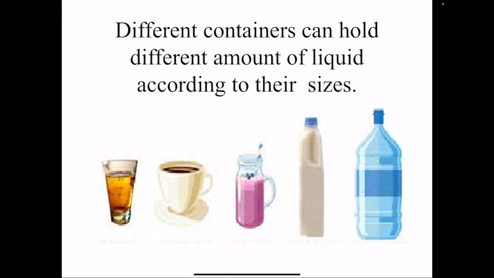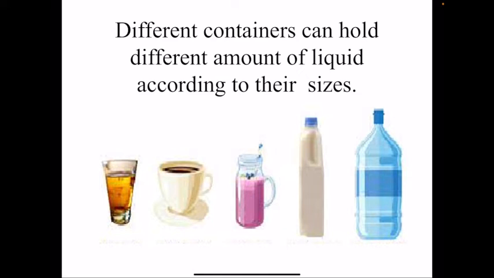Now in this picture you can see there are different types of containers and they all can hold different amount of liquid. Smaller container will hold smaller amount of liquid and bigger container will hold bigger amount of liquid. Like you can see in this glass, there is a glass, a cup, a small bottle, a big bottle and a bigger bottle.